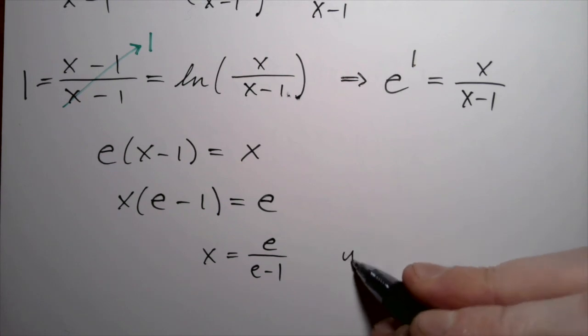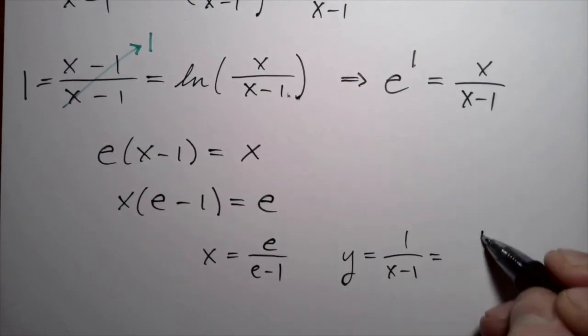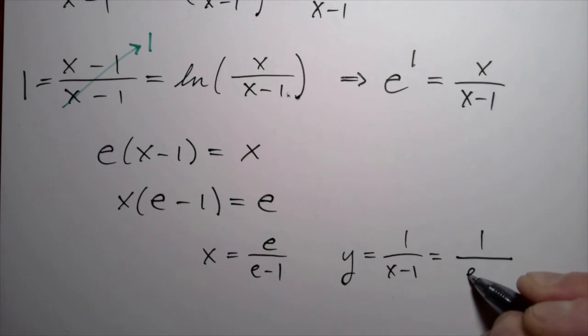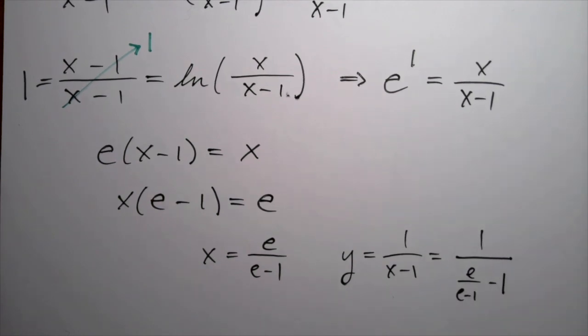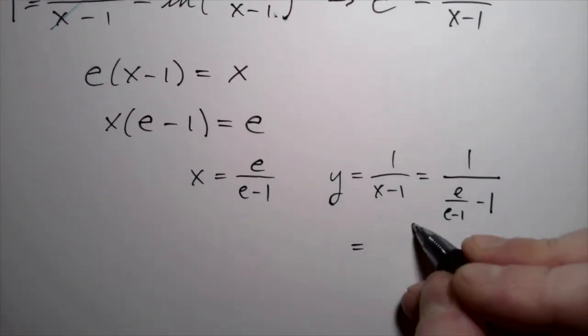What's the corresponding y value? Remember, y was 1 over x minus 1, so I can sub in our formula for x, e over e minus 1 in the denominator. And we can make that look a little bit more reasonable. It doesn't have to look so absurd.